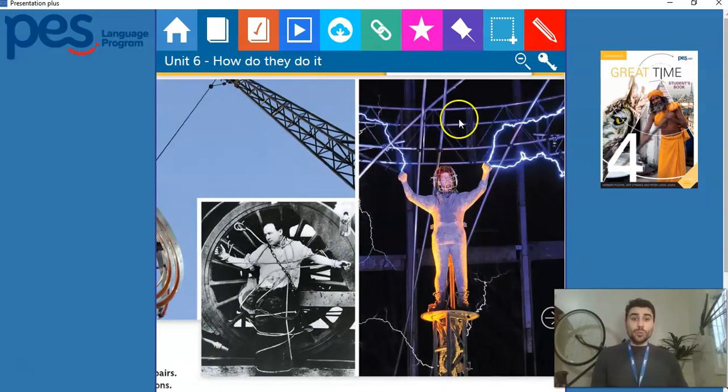And also we have this guy over here with all those lights coming out from his hands, and he's got a kind of helmet on his head. I hope he's not being electrocuted over here, because it really seems very dangerous, right?